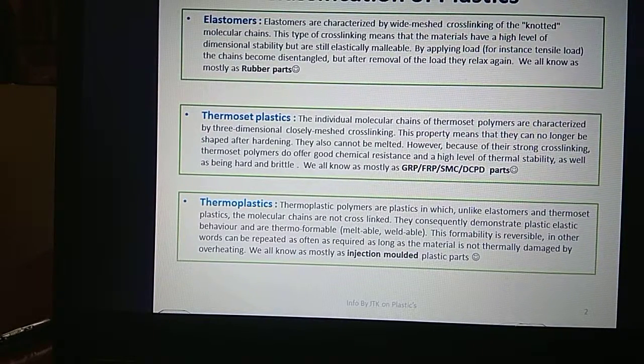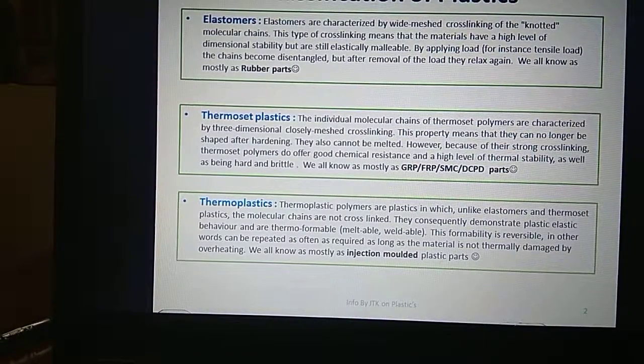The second one is thermoset plastic. In thermosets, the polymers are characterized by three-dimensional, closely meshed cross-linking of the individual molecular chains. This property means that they can no longer be shaped after hardening. They also cannot be melted.